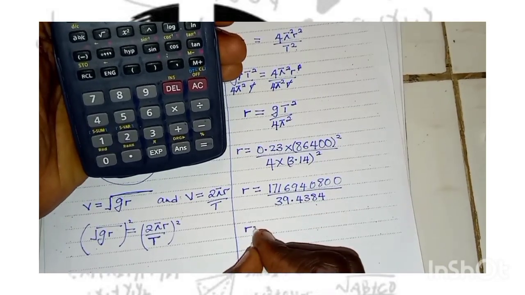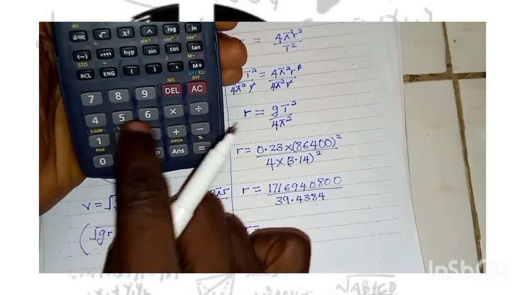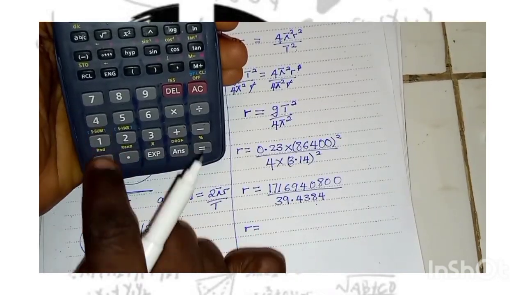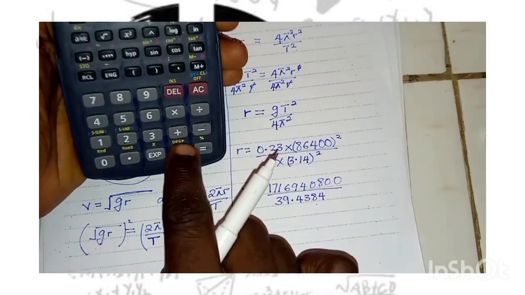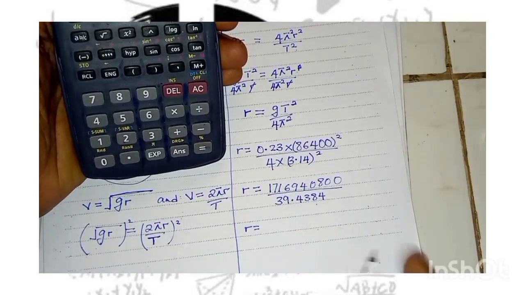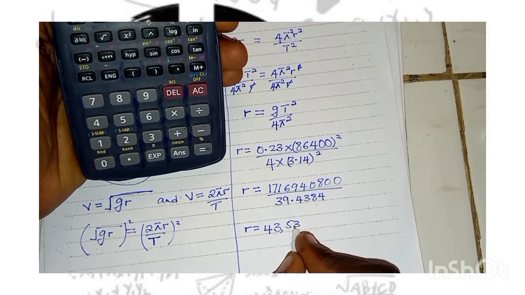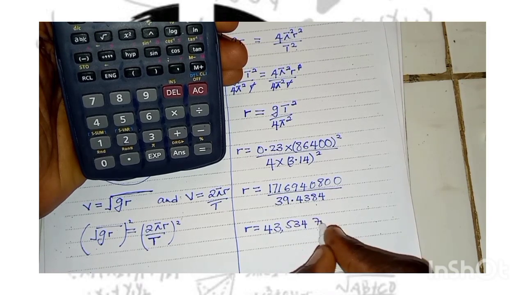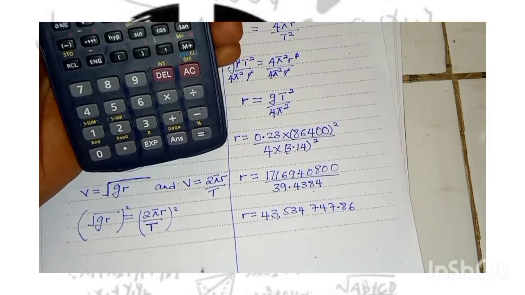So finally we will have r. Now we will have 1,716,940,800 divided by this last answer, and that will give you r as 43,534,747.86.